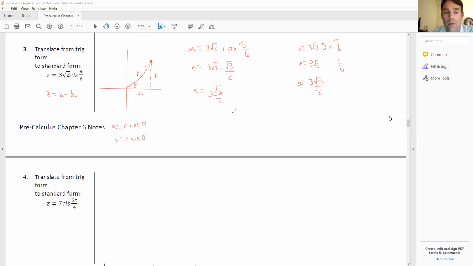So when I take it out of its trig form to get to its complex form, I have A plus Bi, and now it's in its complex form. So I can go back and forth from trig to complex. Why don't you guys go ahead and try the one below it and see how you do.